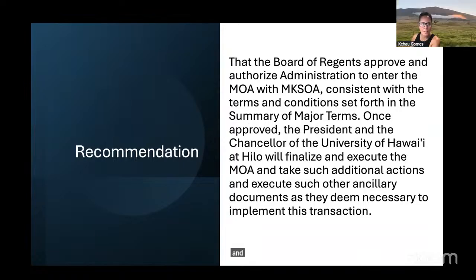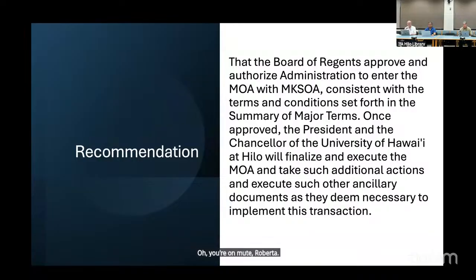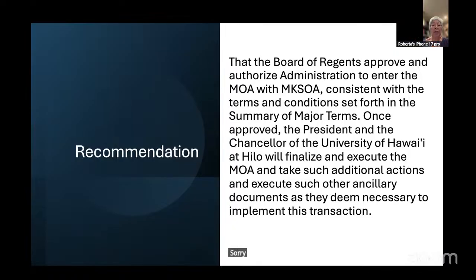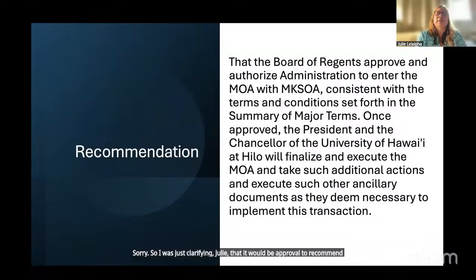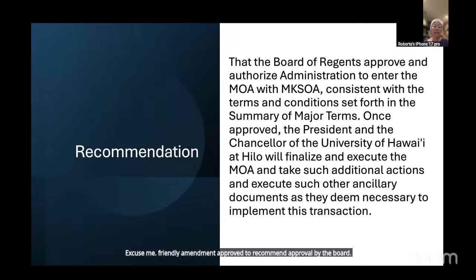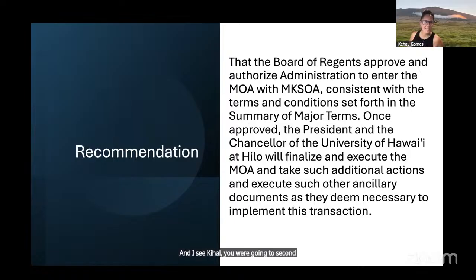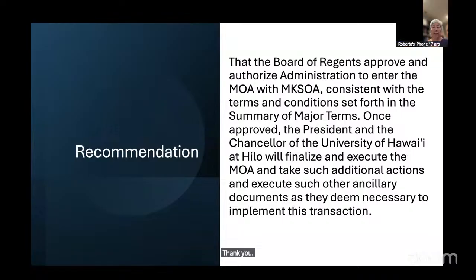Roberta, you're on mute. Sorry, I was just clarifying, Julie, that it would be approval to recommend to the board. Correct. Friendly amendment approved, to recommend approval by the board. Kehaulani, you were going to second? Yes, I'll second. Thank you. Any further discussion? If not, all in favor, say aye or raise your hands. Aye. Okay, unanimous approval.